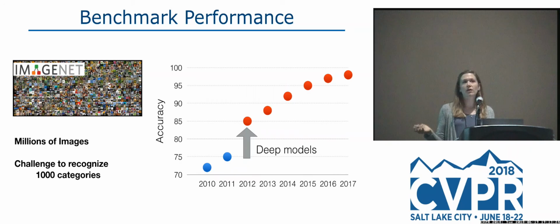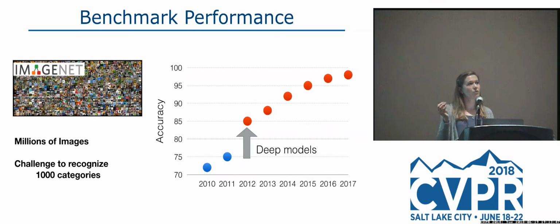As probably all of you know, performance just went up and up in the last few years as people developed bigger models, had more compute, and got to utilize these millions of images to train the model effectively.